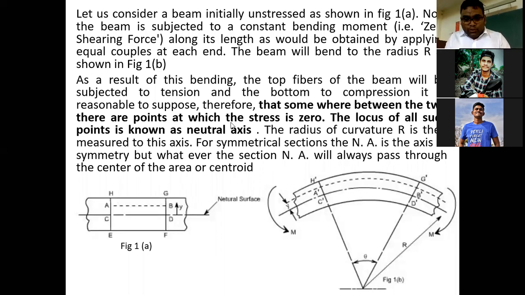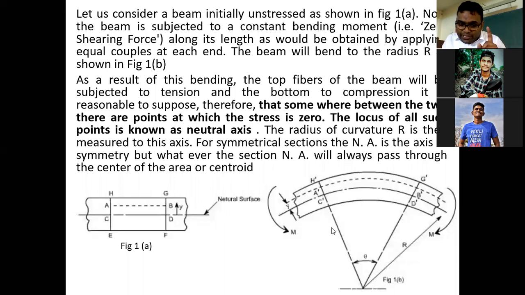So the new beam structure is like this. You can see this line, because we have assumed the cross section remains the same, is passing from here.